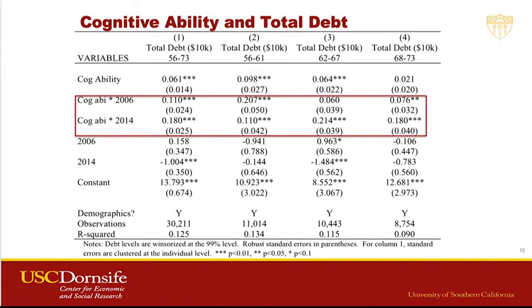We're not just interested in this raw association. What we're particularly interested in is how this association may have changed over time with the increase in financial product complexity. And we do find that the relationship has changed over time, namely that older adults with higher cognitive ability appear to be the ones taking on more debt in these more complicated financial environments. In column 1, a 1 unit increase in the cognitive ability index is associated with $1,800 more debt in 2014 relative to 1998.